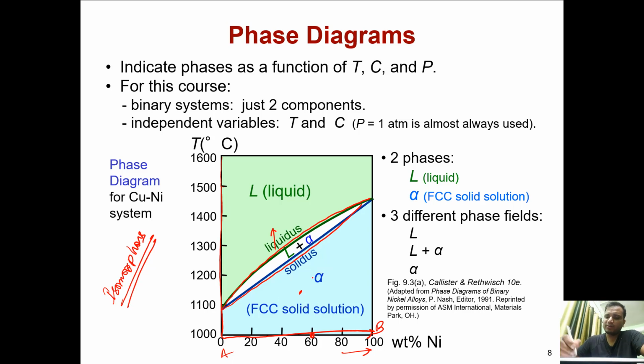And if we are in between, like suppose this temperature, this composition, then it will be liquid plus alpha, right? So this is basically a case of isomorphous phase diagram. Okay, so we have two phases in between, this liquid and this alpha.